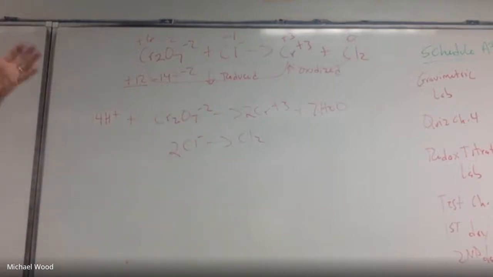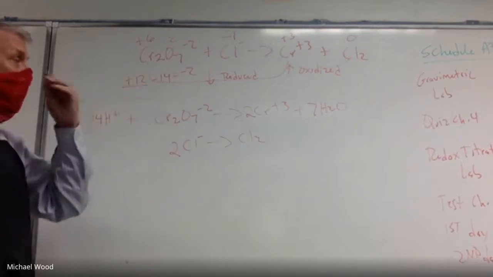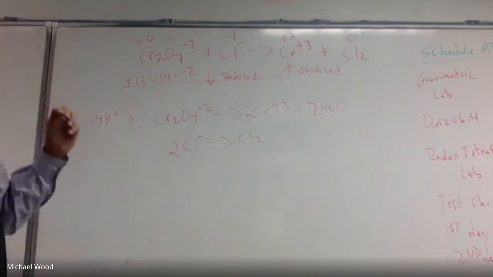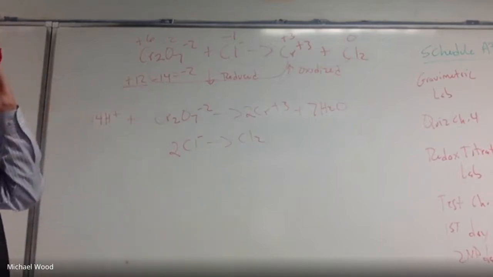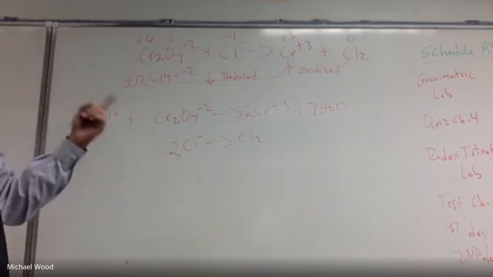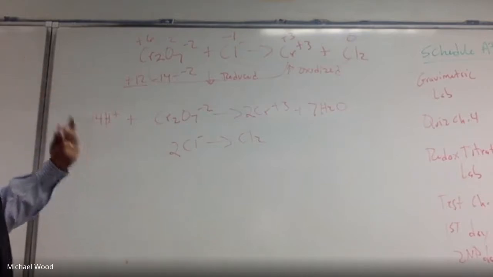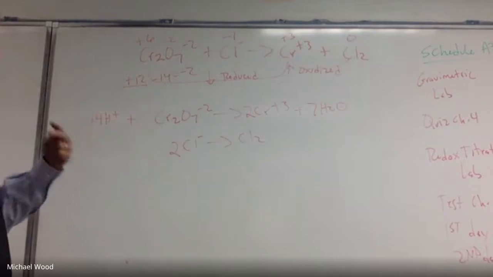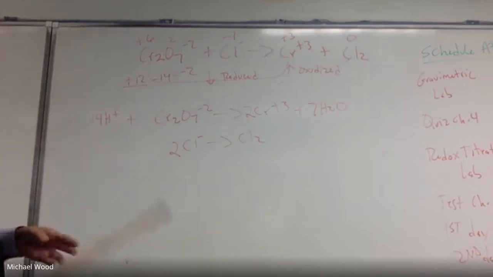So I look at the reaction, I figure out what's oxidized, what's reduced. Then I have 2 half reactions. Then I balance the half reactions. First of all, I balance all the elements other than O and H. Then I balance oxygen with water, and then I balance hydrogen with H+. But this is where I always screw up, is balancing the charge with electrons.